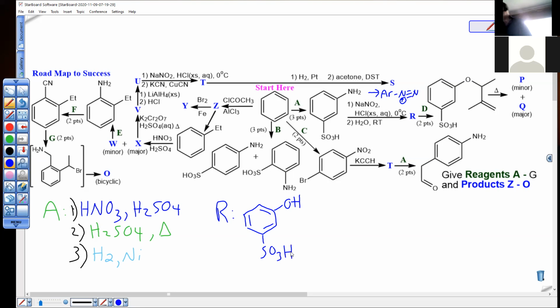And what happens to that after I react it? Oh, how do I convert it to this? Oh, that's an ether, isn't it? I've got all the pieces here I need up here except for the carbon. And that's an ether. When I see ethers, I generally start to think about the old Williamson ether synthesis.